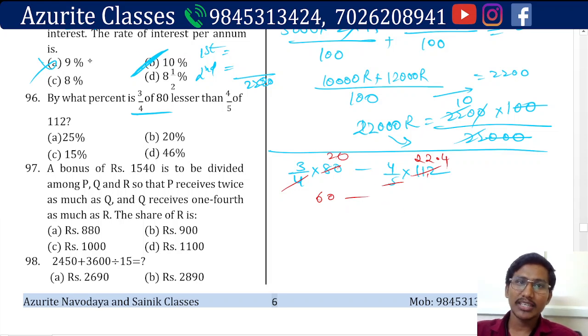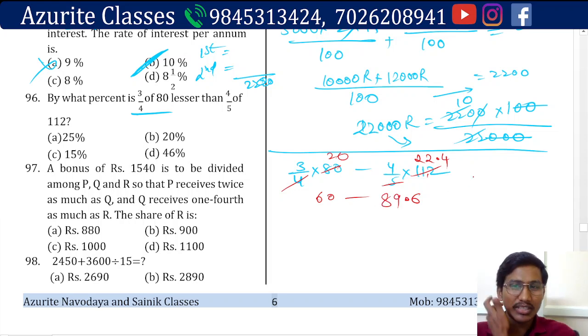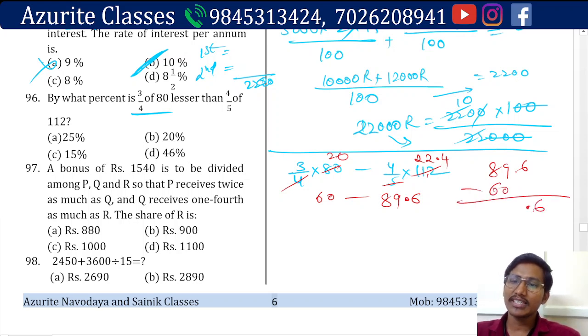So if you multiply, 4 4s are 16, carry 1, point will come. 4 2s are 8 plus 1, 9, 4 2s are 8, so 89.6. You minus it, 89.6 minus 60, if you do, answer will be how much? 29.6 will come. So 29.6, that is the lesser. Okay, so then we have to find the percentage, right?